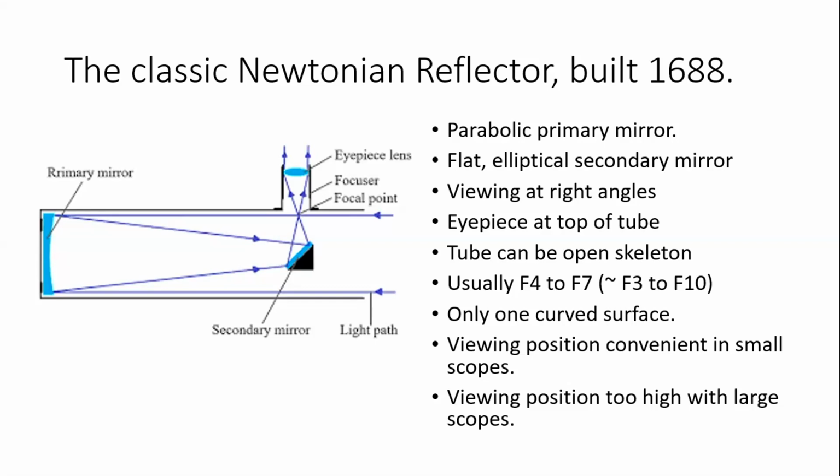If anybody ever looked through Jerry Maloney's 32-inch reflector, you had to go quite high up on the step ladder to get up near the eyepiece if you're looking at anything near the zenith. And some of the big American ones, they go up to about 1 meter and they're towed around on a trailer, and you really do need to get up high for those. And my memory for names is gone totally.